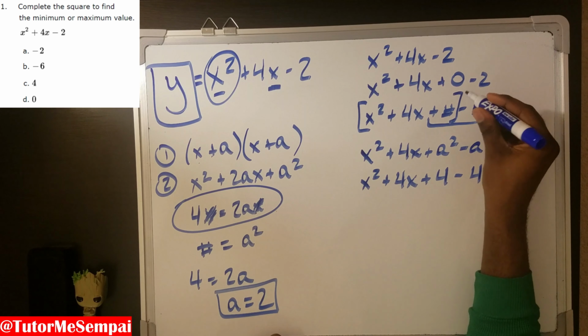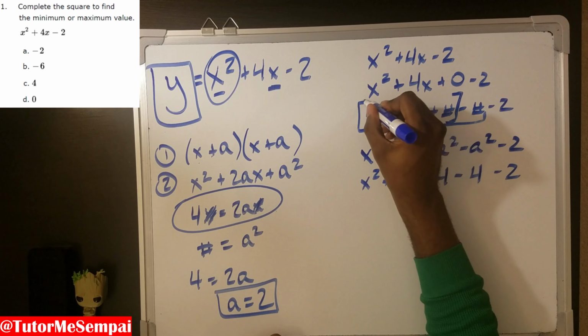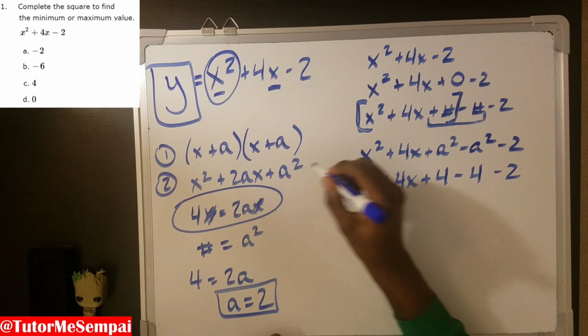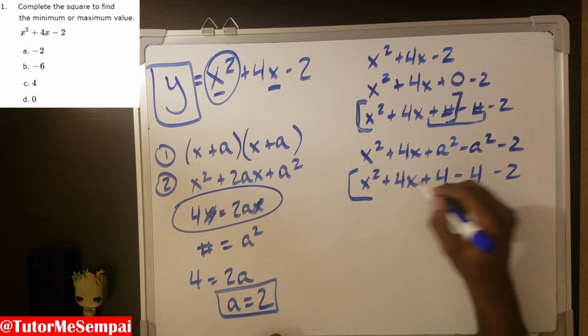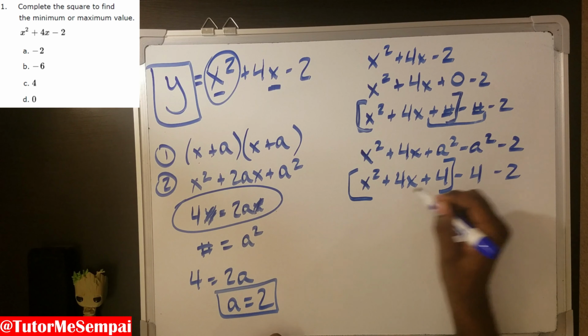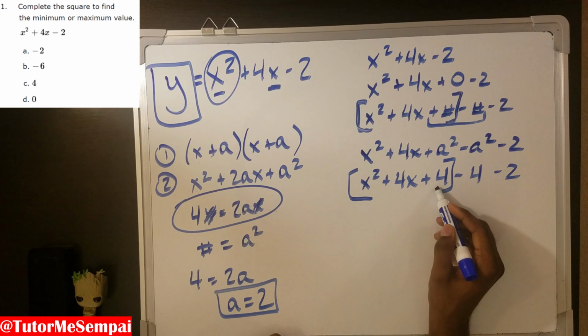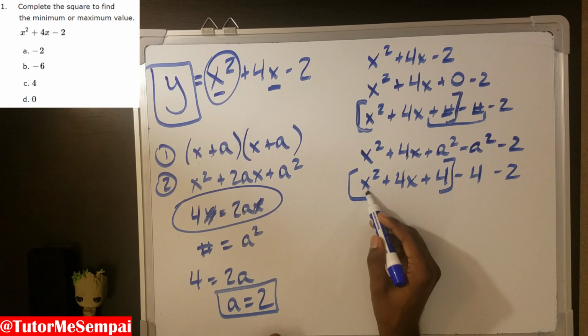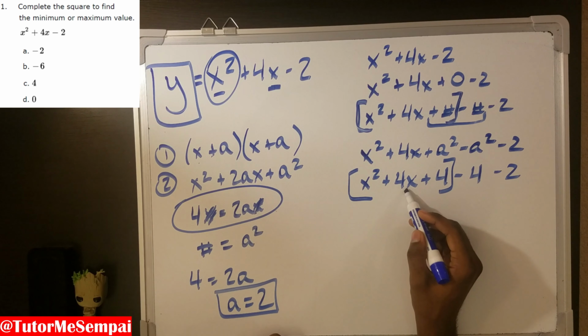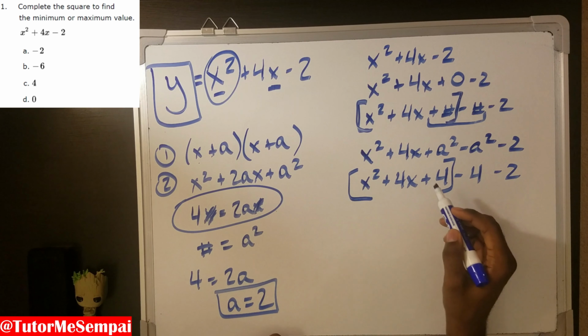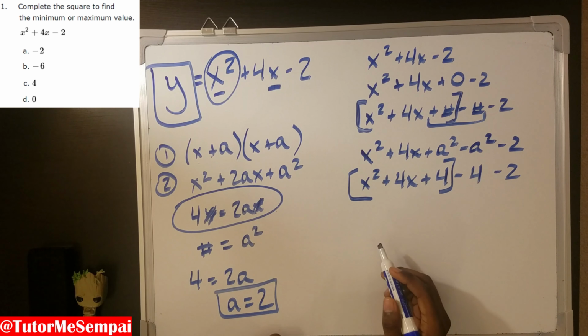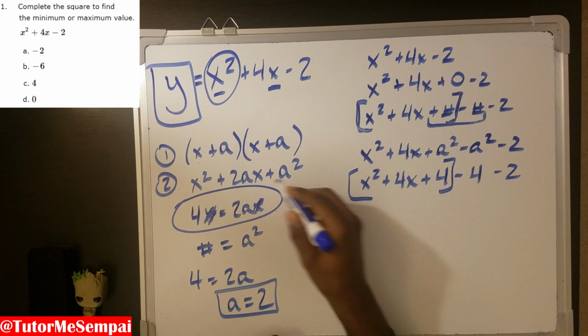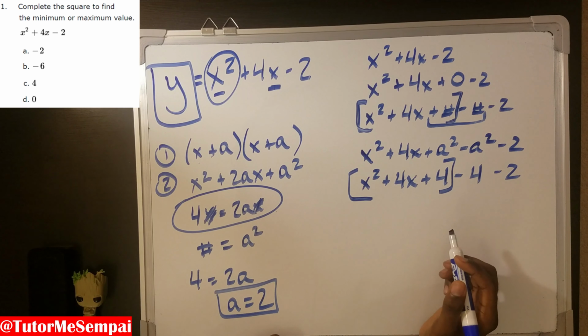Instead, you see how we broke this off and compared it to our step 2? I want you to do the same thing. Break this off and compare it to step 2. Now you have x squared to x squared, 4x to plus 2ax, 4 to a squared. And we know that a is 2, so these match up exactly now, right?